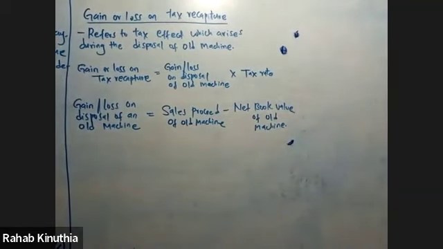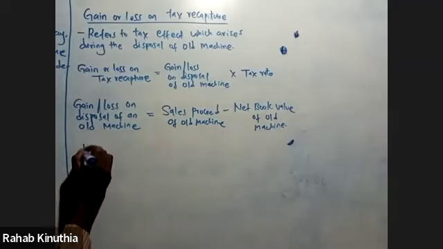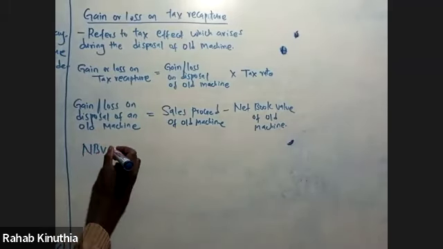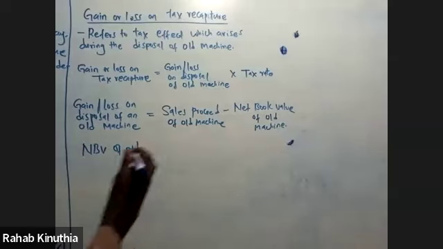So gain or loss on disposal of an old machine, you go to sales proceed. And then how do you get the net book value?